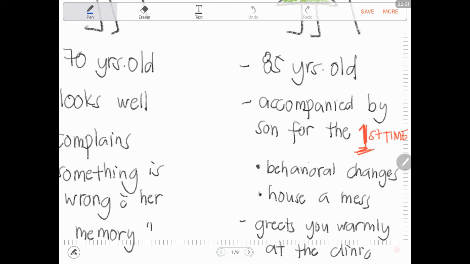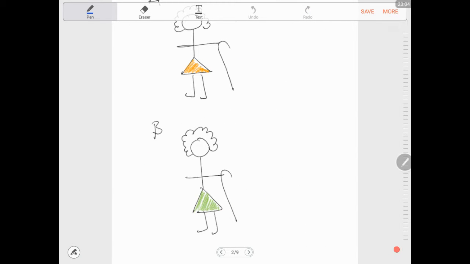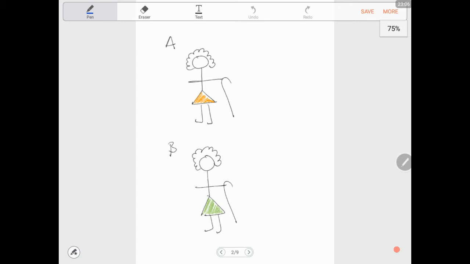And then she just attempts to pass parang baliwala lang ang sinumbong ng son niya by saying na, well, I'm just not feeling well. Okay? Between Lola A and Lola B, who do you think is somehow demented?